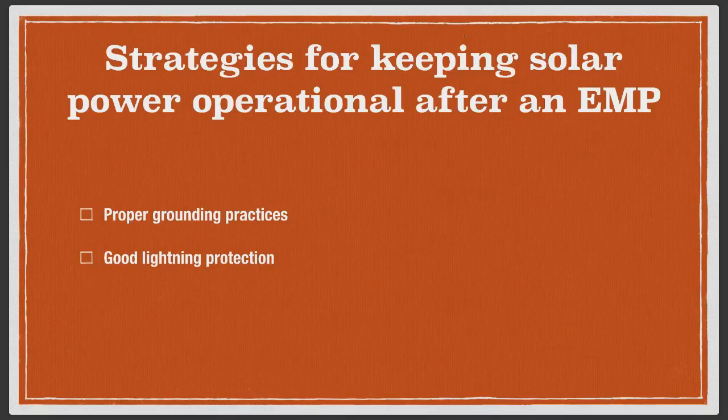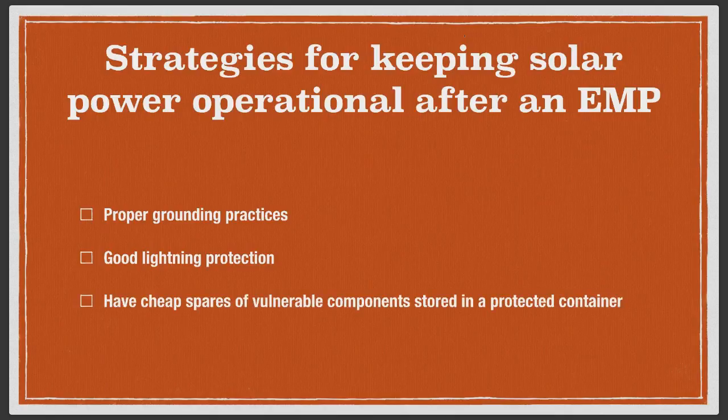If you're faced with a lightning strike or an EMP that overcomes your first line of defense, the grounding and lightning protection, then my 3rd strategy comes in. And that is to have cheap spares of vulnerable components stored in a protected container. There's just so many variables with an EMP, and there's so little real-world data or large-scale tests.